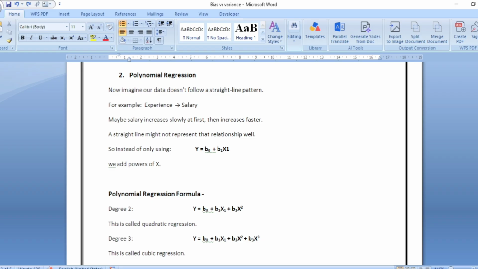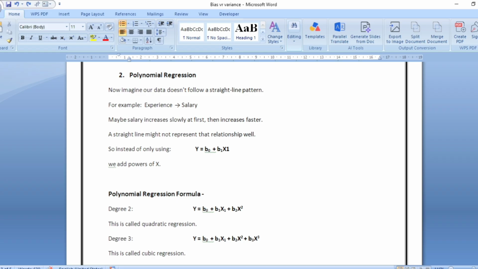For example, experience and salary. Maybe salary increases slowly at first and then increases faster. A straight line might not represent that relationship well. So instead of using y is equal to b0 plus b1 x1, we add powers of x.